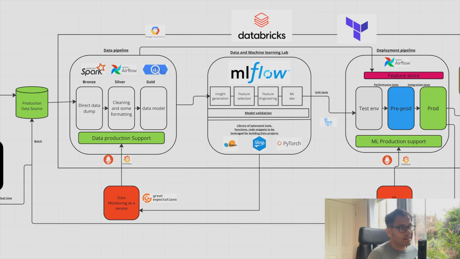So if you abstract it away, there are things that need to be done with the data. You take the data and you experiment with it to develop a machine learning model, and third, you deploy it. So in essence, you need three parts of a pipeline. One is called a data pipeline. One you can call a machine learning lab, where the model development actually happens. And the third part is where this model is taken and deployed in a safe and secure way, so that we see good decisioning while mitigating all the risks.